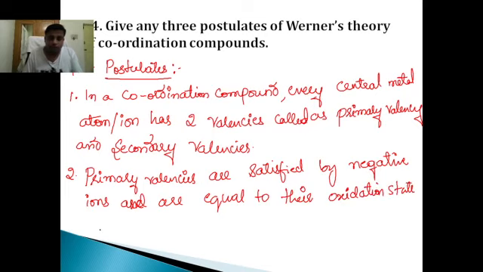Next postulate, primary valencies are satisfied by what? Primary valencies are satisfied by negative ions and are equal to their oxidation state.